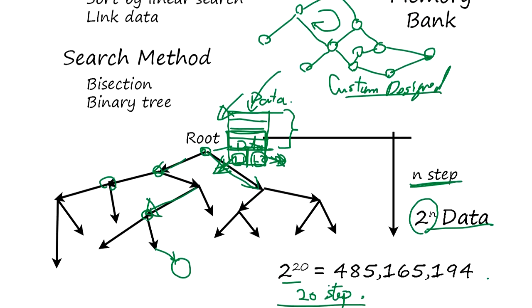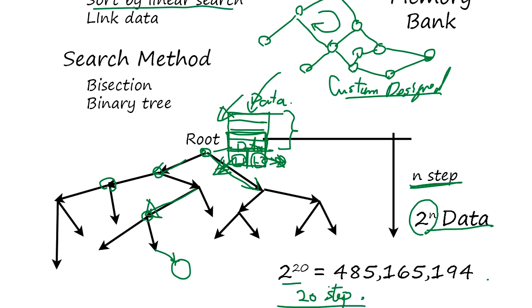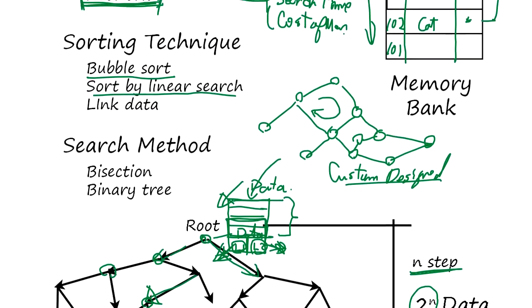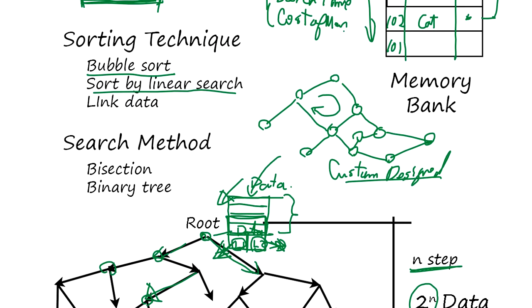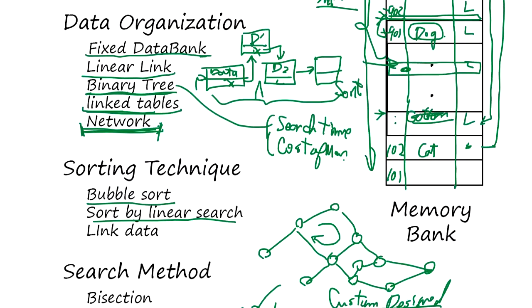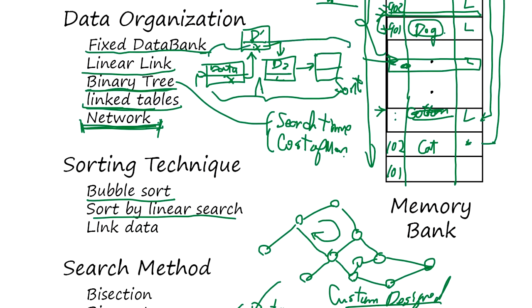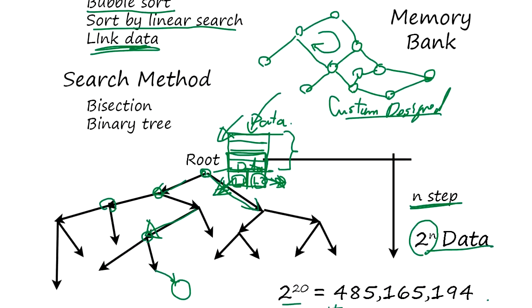So the sort by linear search, we already talked about it. This linear is very long, like millions of links. For example, if this link becomes very long, then searching from the top is going to be very costly in terms of searching time. It's used in linked data, linear linked data, so you don't have a choice.